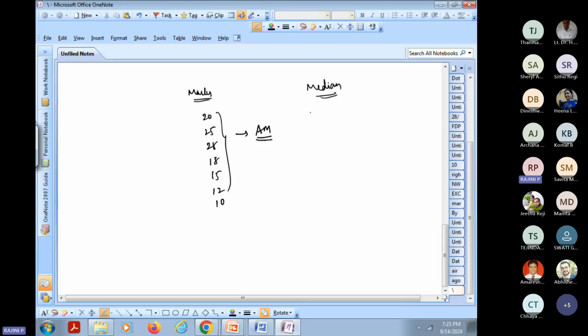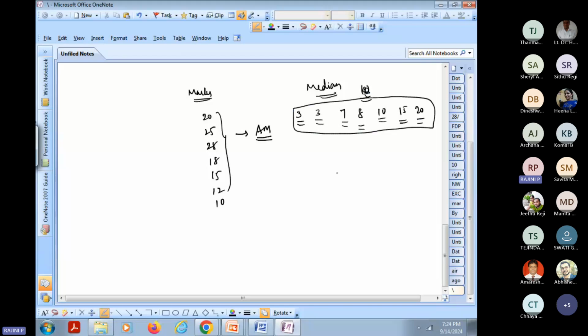For example, in a college there are 10 students. One student got 3 lakhs, another student got 3 lakhs, the next student got 7 lakhs, the next got 8 lakhs, the next got 10 lakhs, the next got 15 lakhs and 20 lakhs, like that. So here the different packages are there, right?